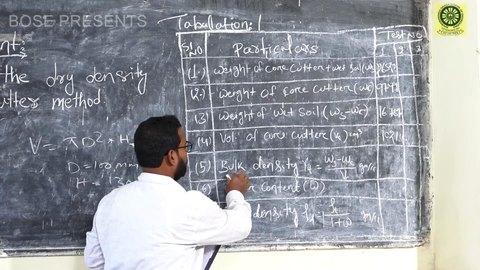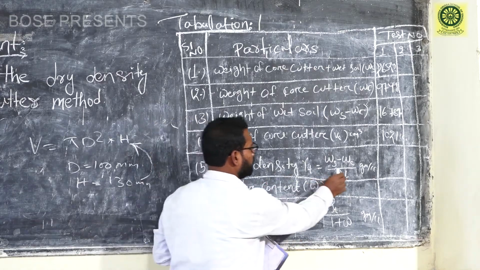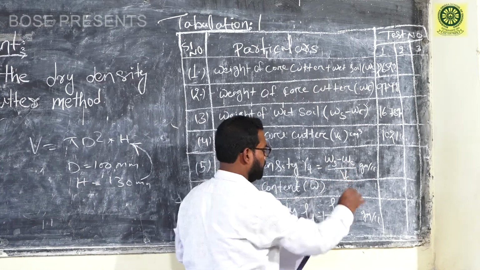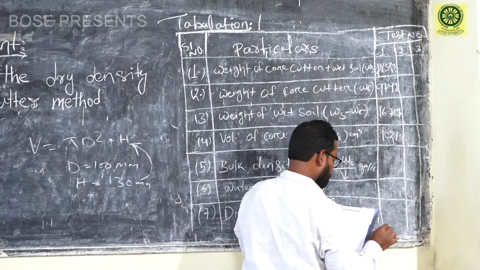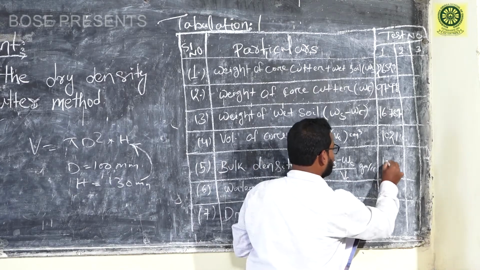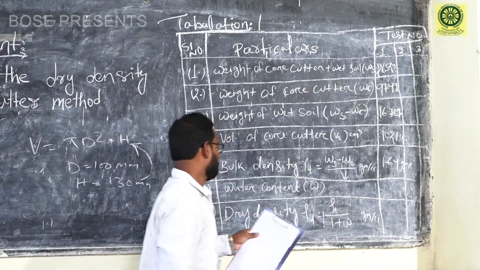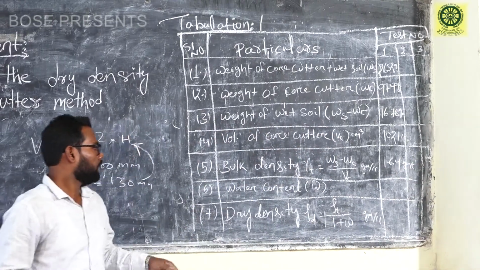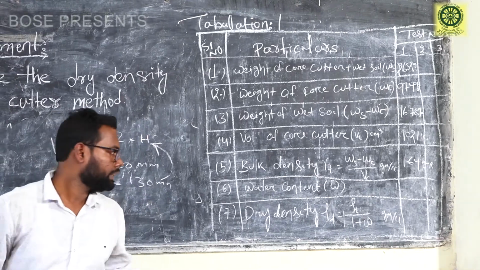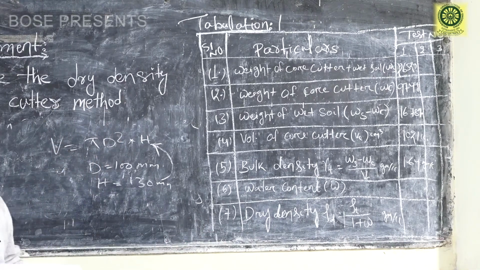Now bulk density is equal to Ws minus Wc divided by Vc, which comes out to 1.644 gram per cc.